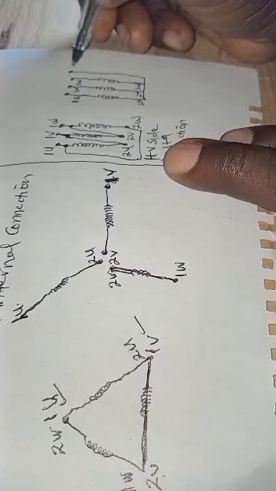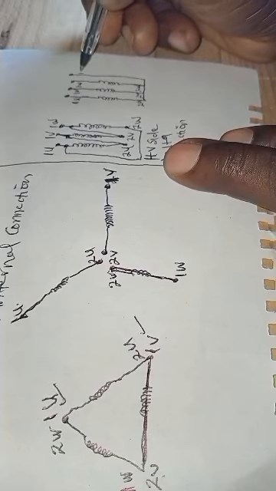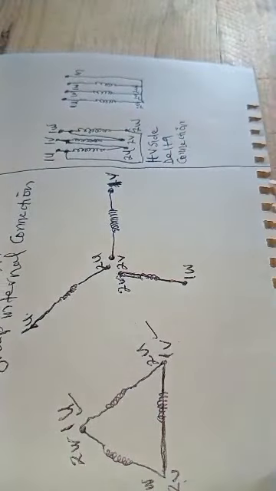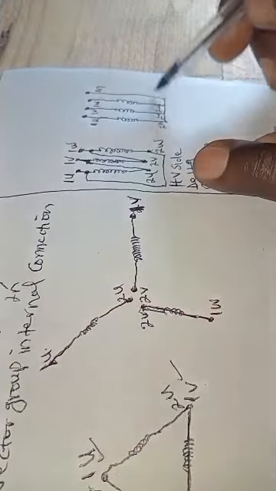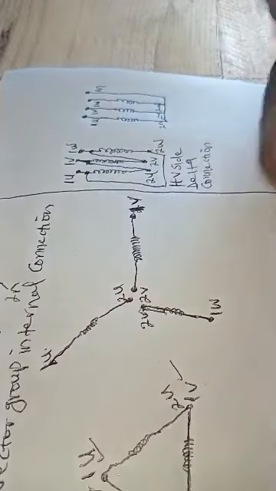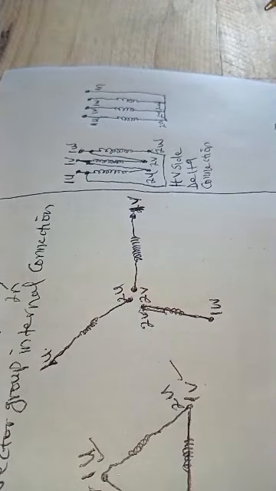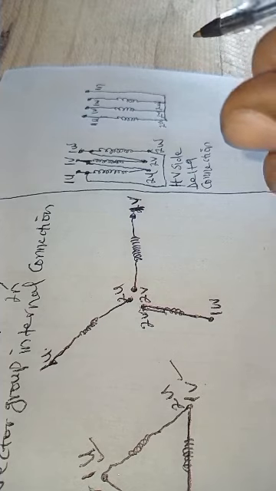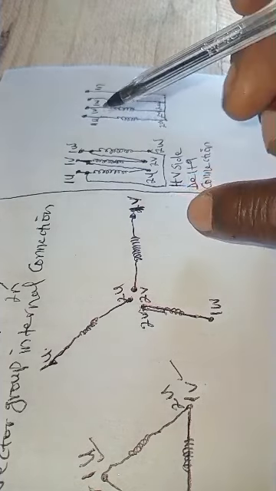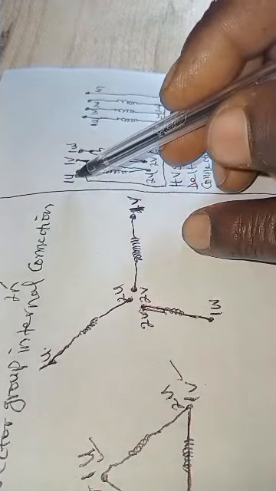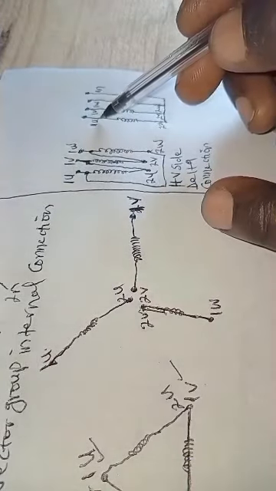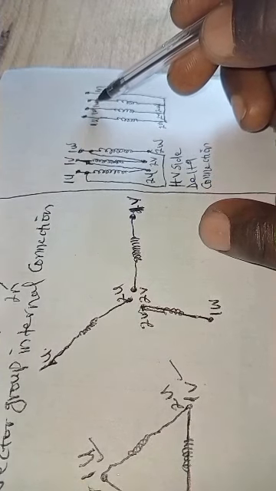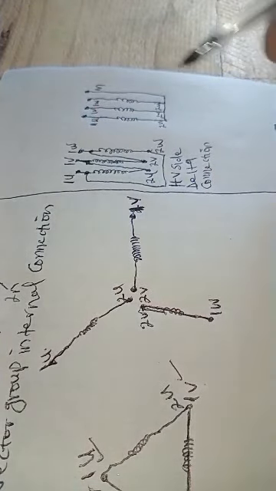This is our 1N. But in the transformer connection, this particular labeling is for our internal connection. If you look at the transformer bushing, usually you will see 1U, 1V, 1W at the high voltage side, then 2U, 2V, 2W at the low voltage side, and 2N.